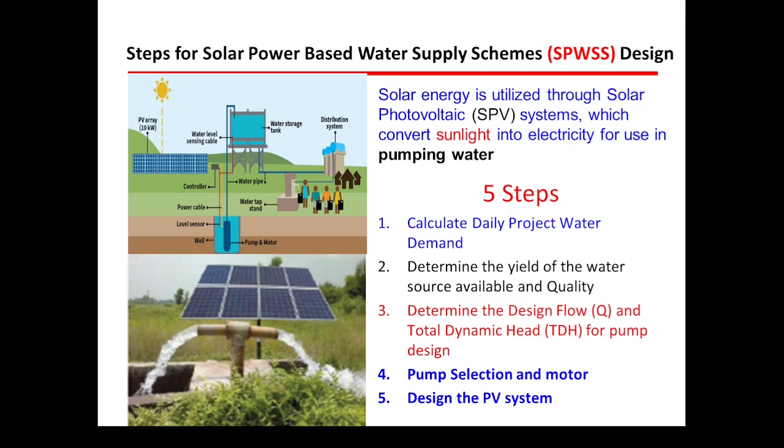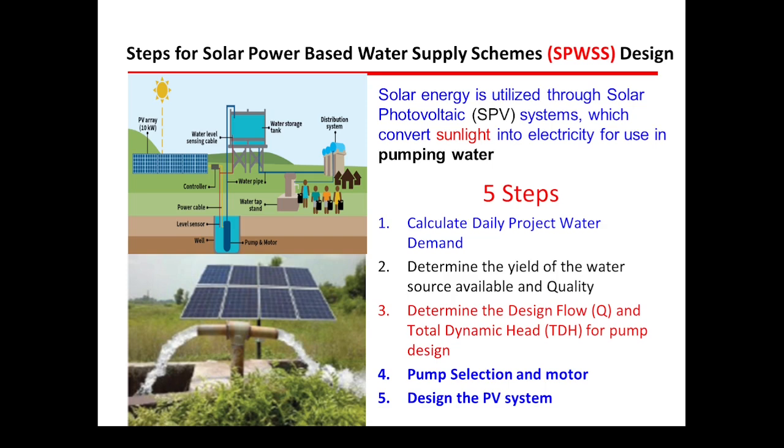As you know, we have to enter the design flow and the TDH, then we allow the software to compute and give us the best choice of the pump. Then through the pump curve we can select the most suitable pump for our project. That is step number 4.